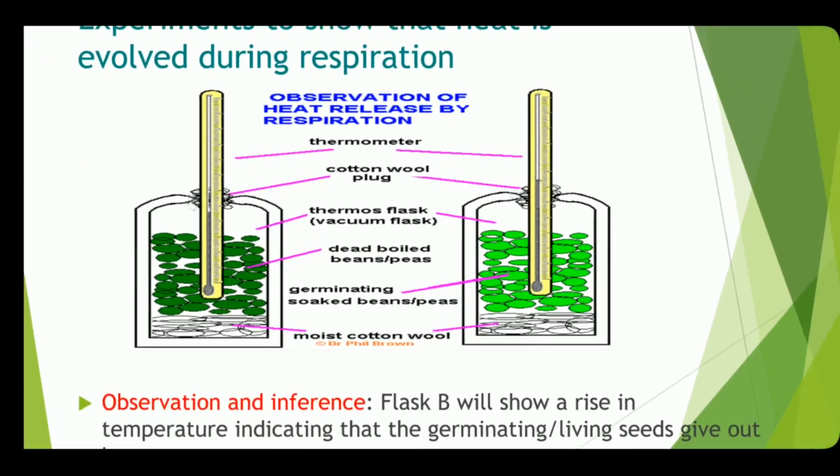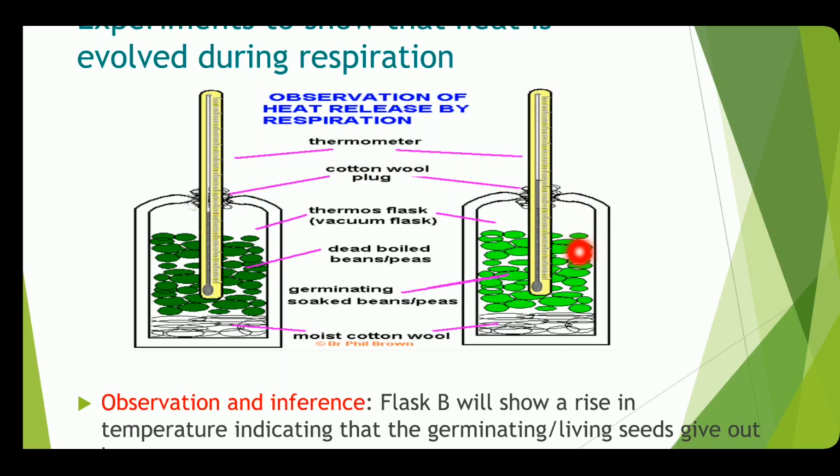As you know, the germinating seeds are actually alive, so they need respiration also. It means whatever food is there is oxidized, and when it is oxidized, carbon dioxide and heat are released, and that's why there is an increase in the temperature. But in the flask in which dead seeds are there, there is no rise in the temperature.